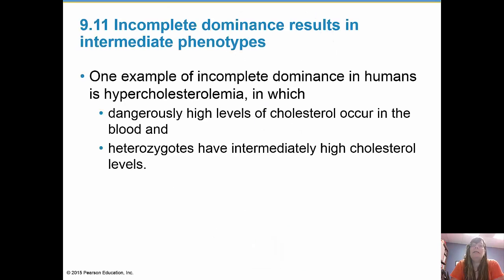Hypercholesteremia is an example in humans. You can have really high levels of cholesterol in the blood, but heterozygotes only have an intermediate high cholesterol level. So if you're homozygous dominant, your cholesterol is off the charts, but if you're a heterozygote, your cholesterol is high.